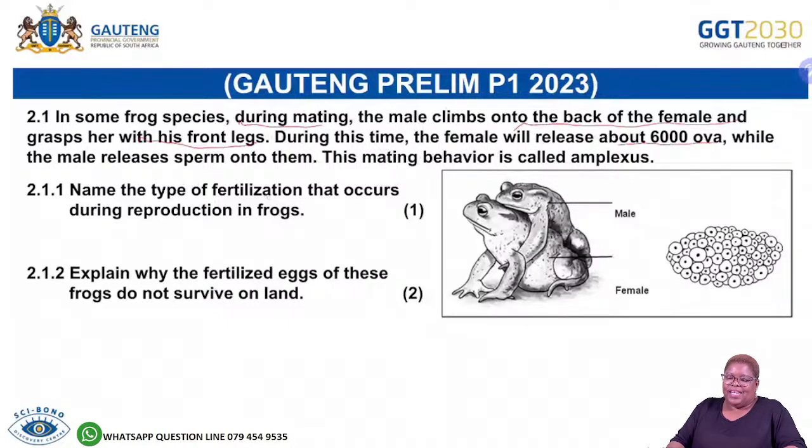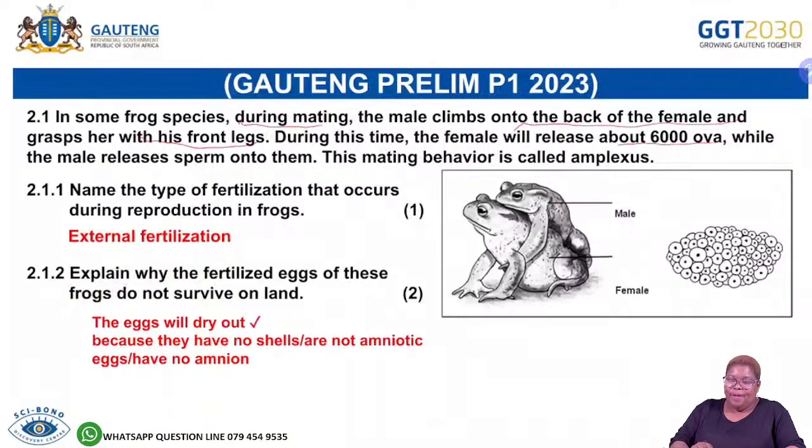Name the type of fertilization that occurs during reproduction in frogs for 1 mark. Can you give me that answer? I know you know it by now. This is external fertilization. Explain why the fertilized eggs of these frogs do not survive on land.